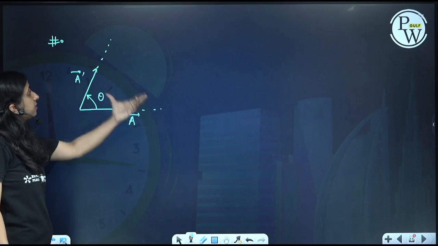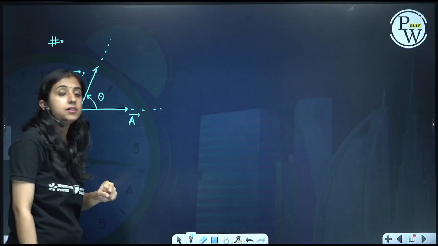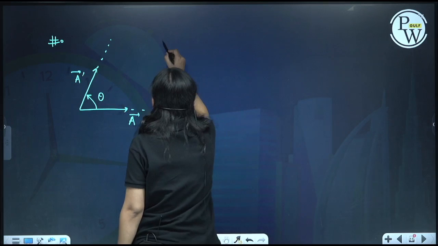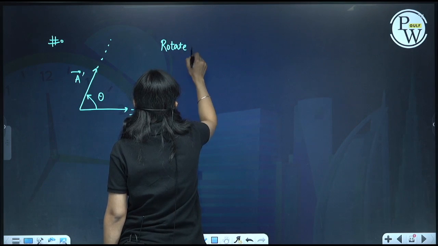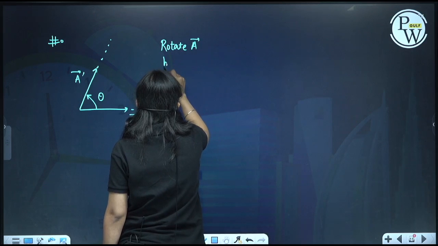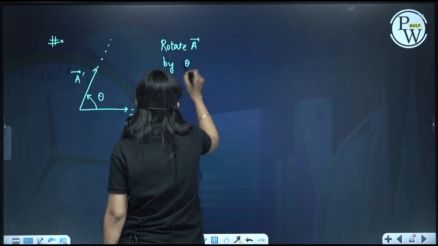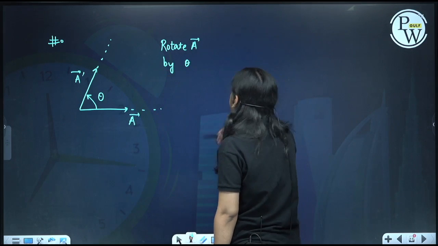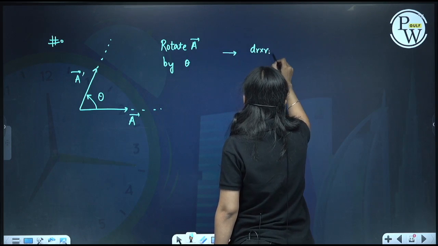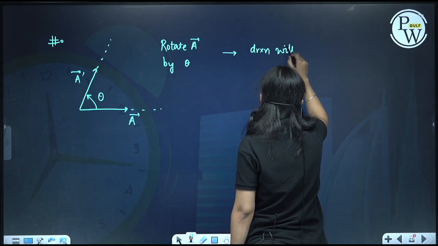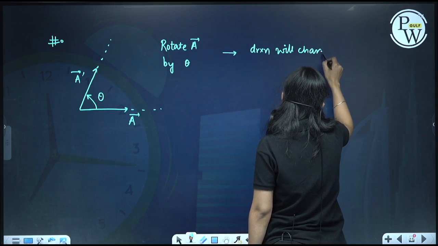Now, rotate A by angle theta. So what we have is the direction will change.